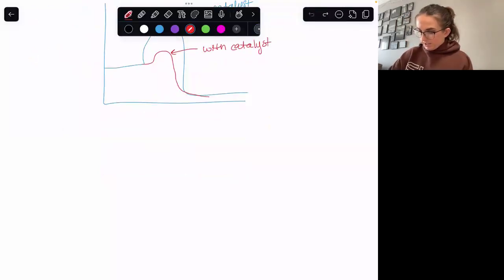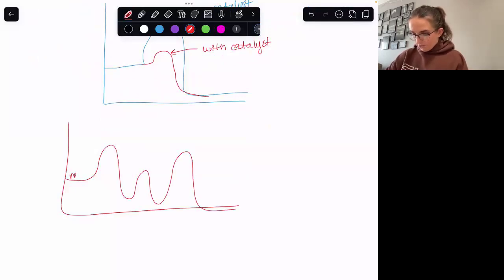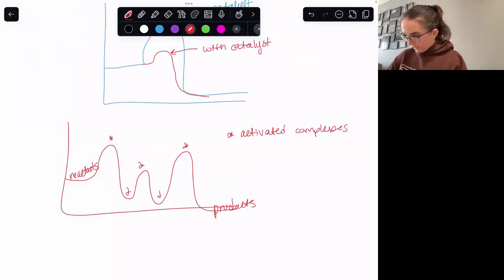In a reaction diagram, we have your reactants, you have your products. Stars are your activated complexes. And your plus signs are intermediates.